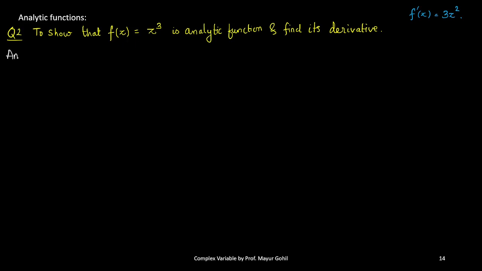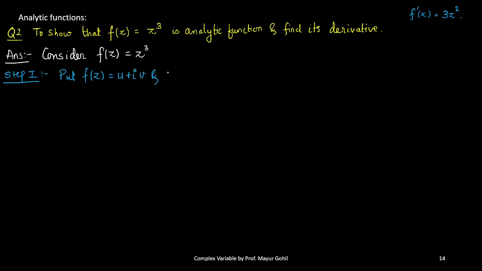So we take up the answer now. The function f of z equals z cube is given to us, so consider f of z equals z cube. Step 1: put f of z equals u plus iv, and z equals x plus iy.